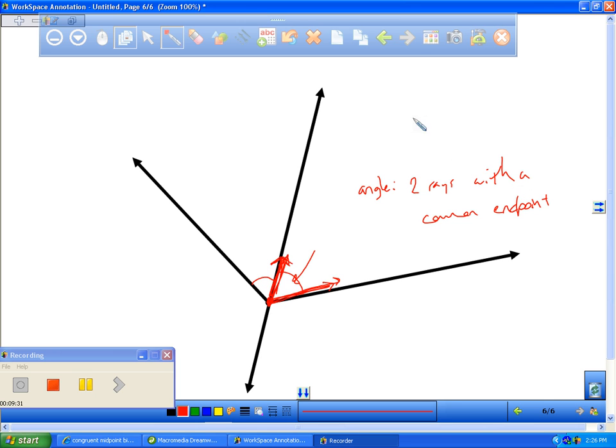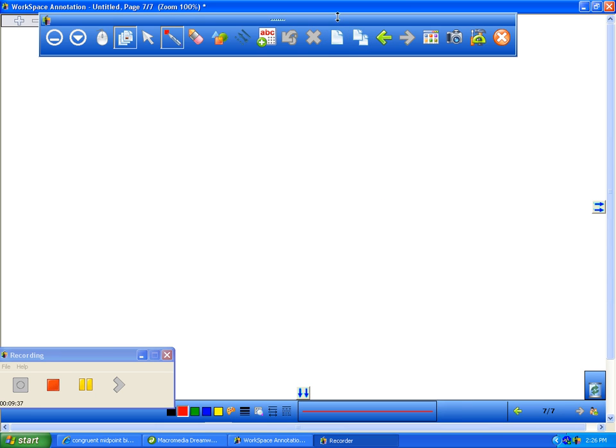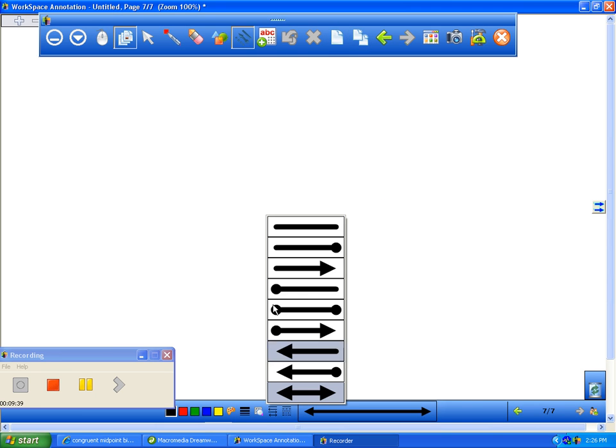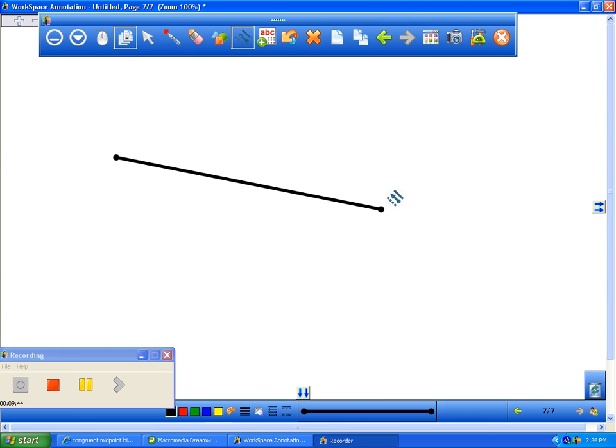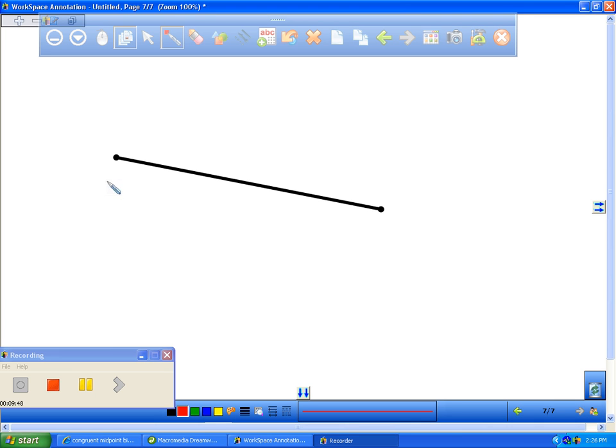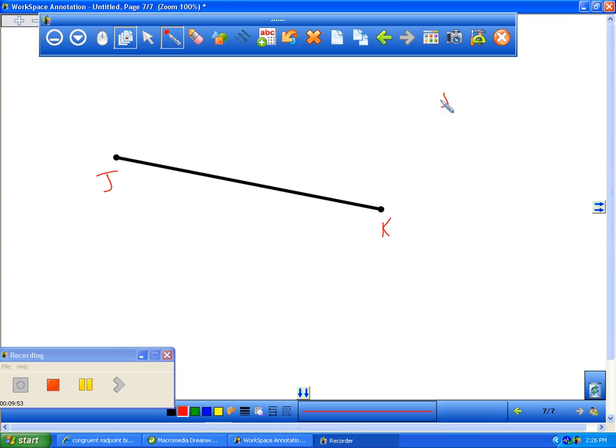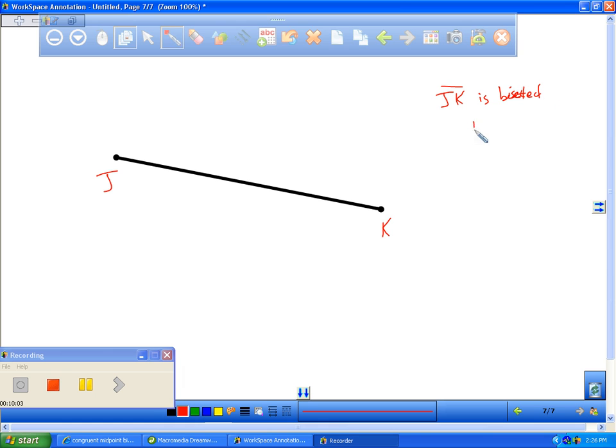If I wanted to show bisection, let's say that I have this segment here, and I wanted to show that it got bisected. So all I have to do is, let's say segment JK, and I need to show that JK is bisected by line LM.